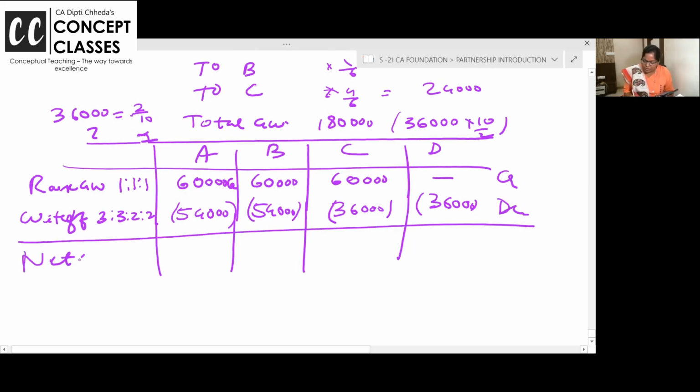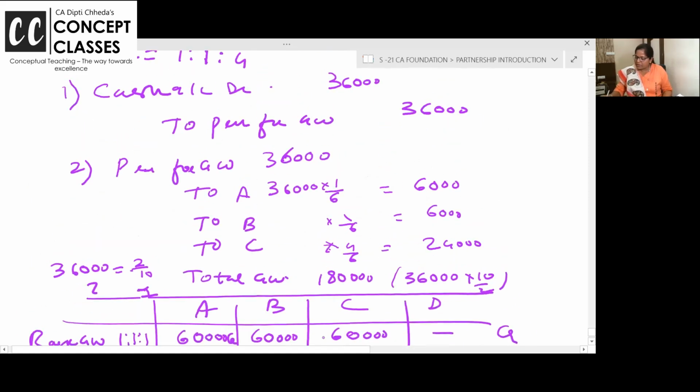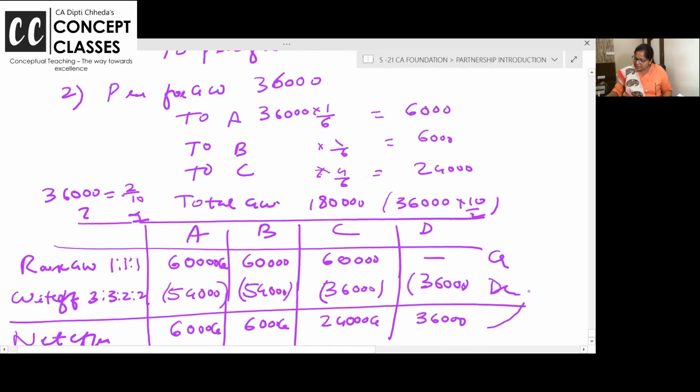Sometimes students are stuck on LCM, so you can do this. 6,000 credit, 6,000 credit, 24,000 credit. And 36,000 debit we did not do because he brought it. Check this entry and this calculation. It is telling.